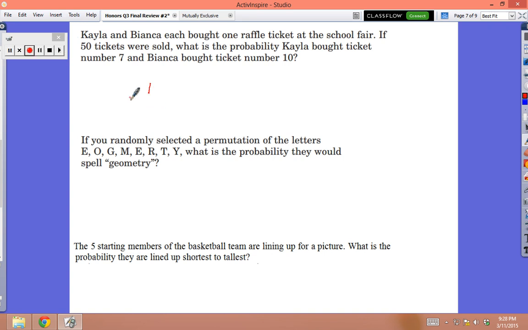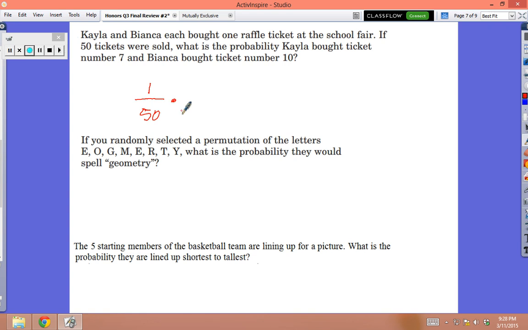There's only 1 7. So let's say they're the first 2. Now this might be an ambiguous question. You don't know if they were the first 2 to buy the tickets or the last 2 or what. So, if they're the first 2, for Kayla there's 1 7 in there and there's 50 to choose from.